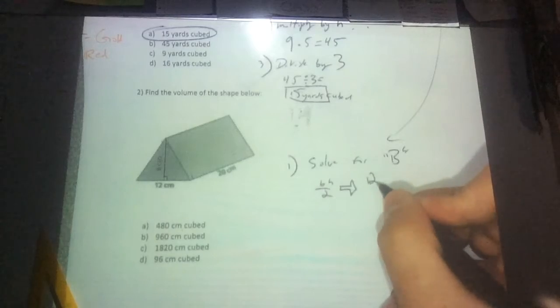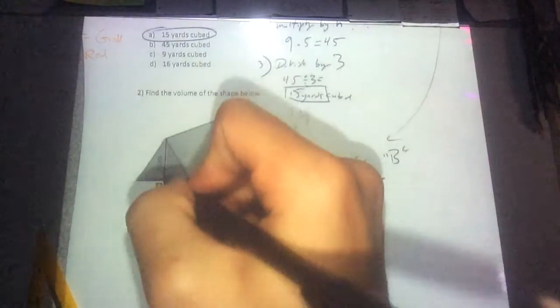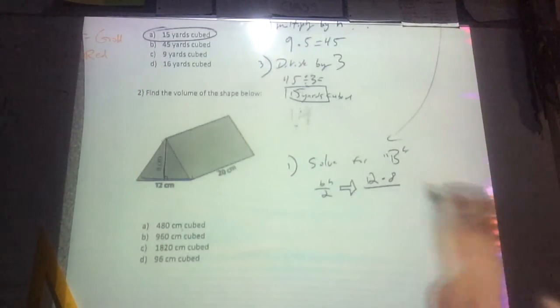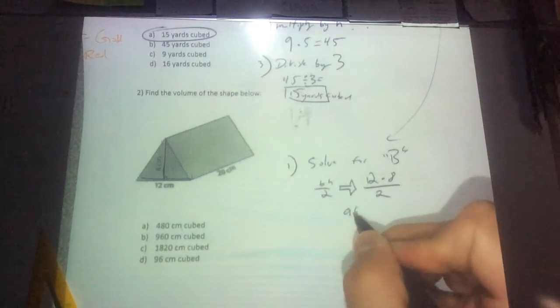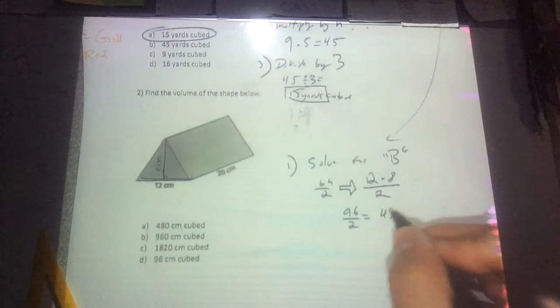And the base is 12. The height of the triangle is going to be 8. And I need to divide by 2. So 8 times 12 is going to be 96. Divided by 2 is equal to 48.